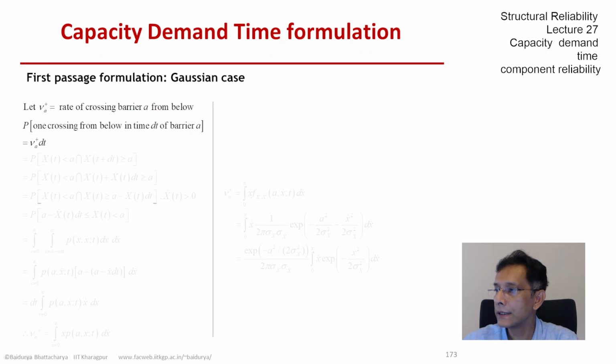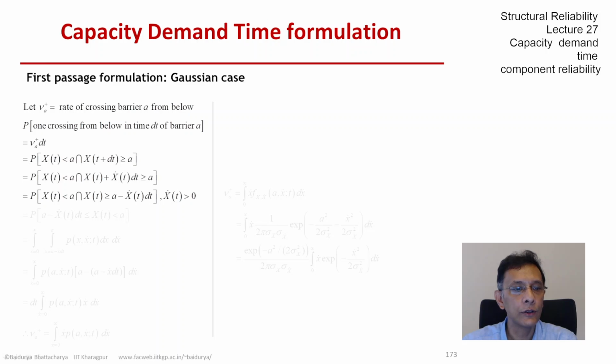So we could write this in terms of the process itself, that at t it is less than a, and at t plus dt it is at a or above. So that we can now expand in terms of the derivative process up to the first order approximation, that x t is less than a, and x t plus x dot t dt is greater than or equal to a.